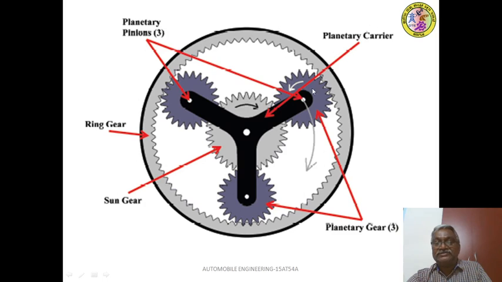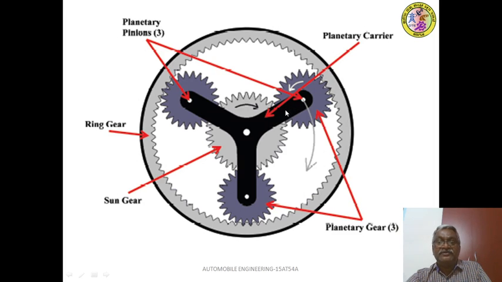Rp plus Rp gives 2Rp, and from here to here, this is radius of ring gear Rr, and then from here to here, this is Rs, radius of sun wheel. Rr minus Rs gives 2Rp.